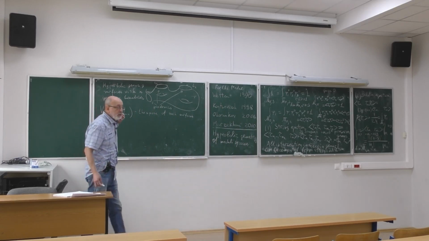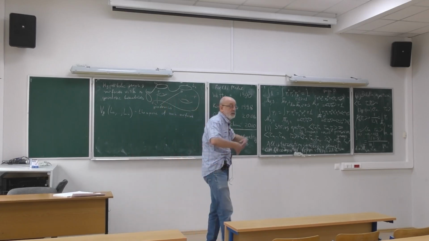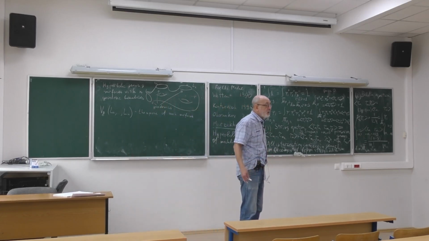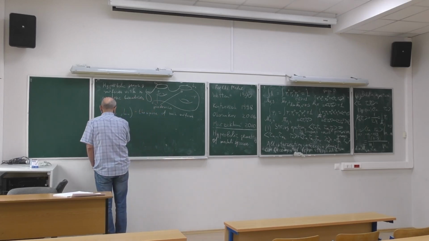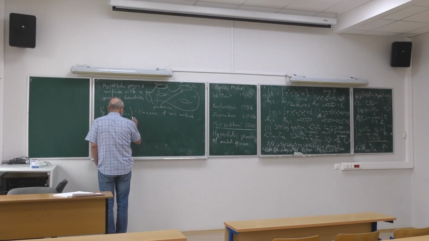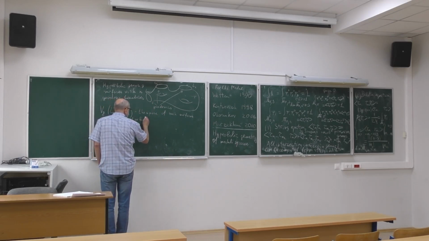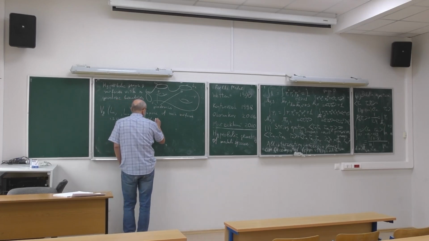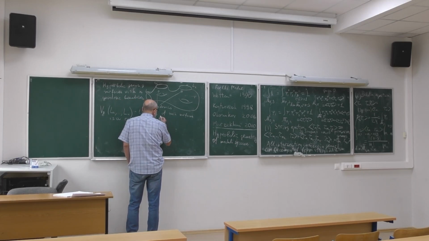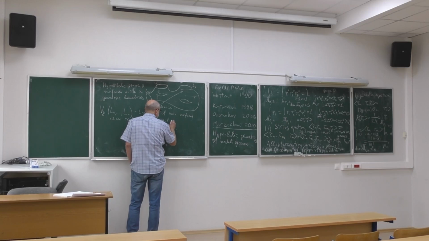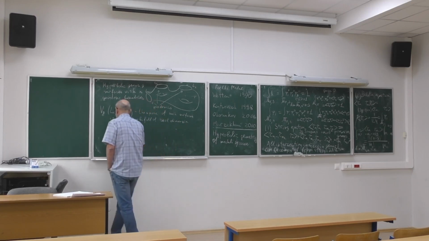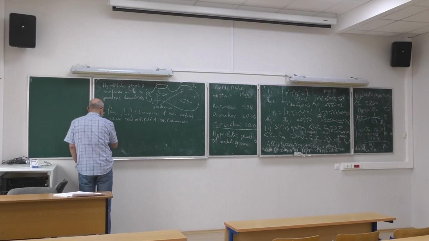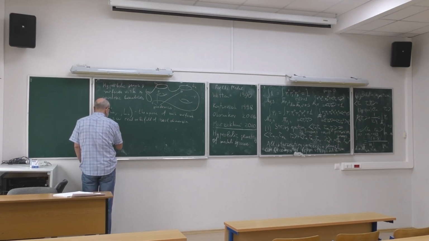It does not possess a complex structure, but it is a real orbifold. It is a real orbifold of real dimension 6g minus 6 plus 2n.